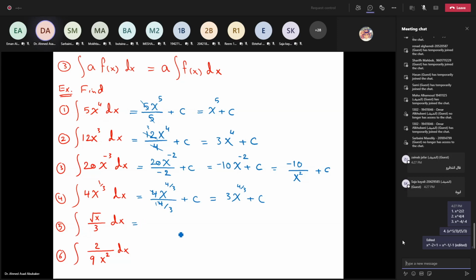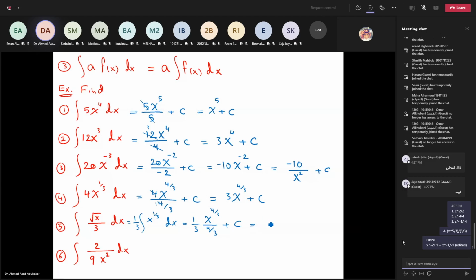Number 5: we need to convert the radical to an exponent, dx. Also, we can put 1 over 3 outside the integral sign. So we have 1 over 3 x to the power 4 over 3 over 4 over 3 plus c.